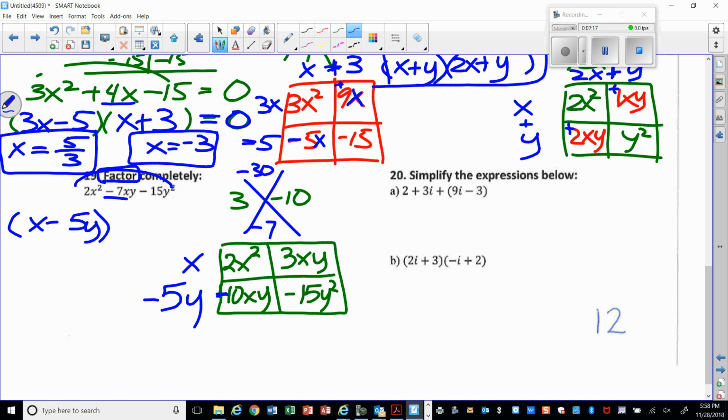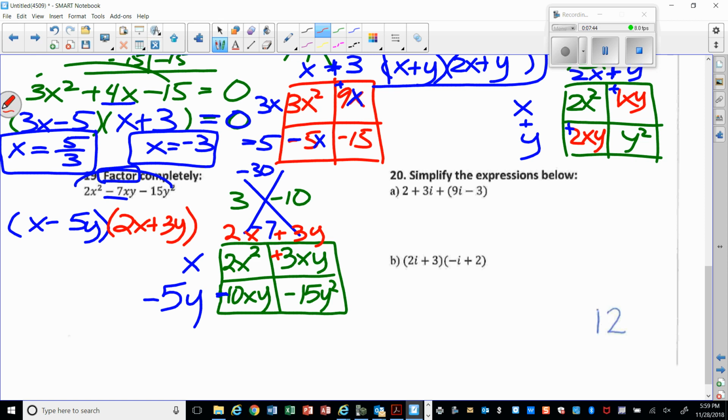And to get the other factor, I'm going to do the columns. I've got 2x, they both have an x, they both have a 2. And then here I have a 3, and it's positive, and they both have a y. So 2x plus 3y is my other factor.